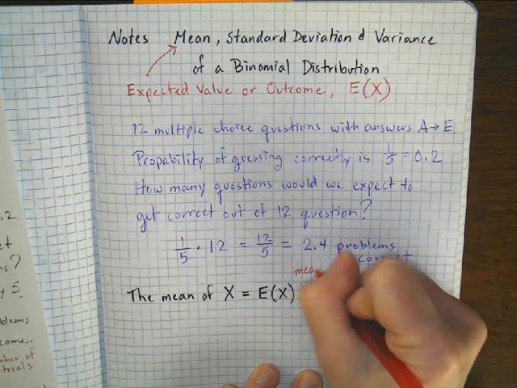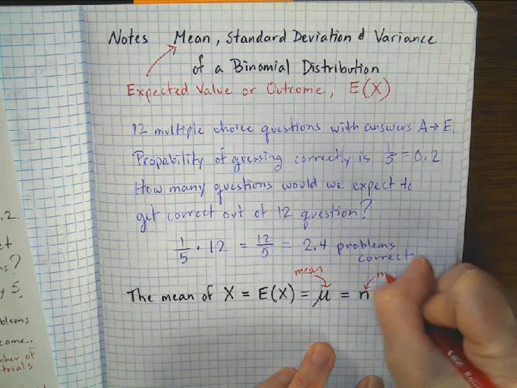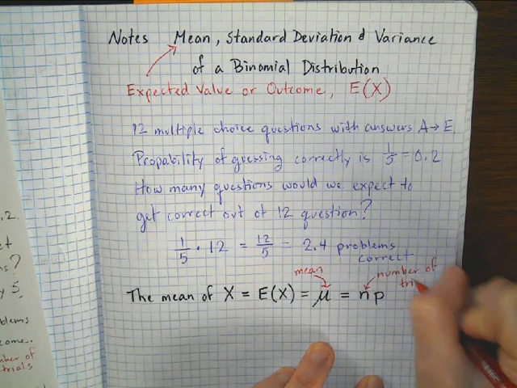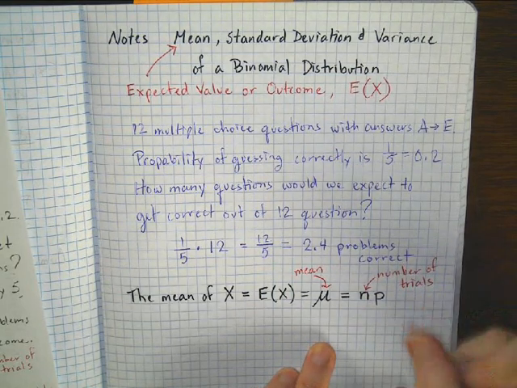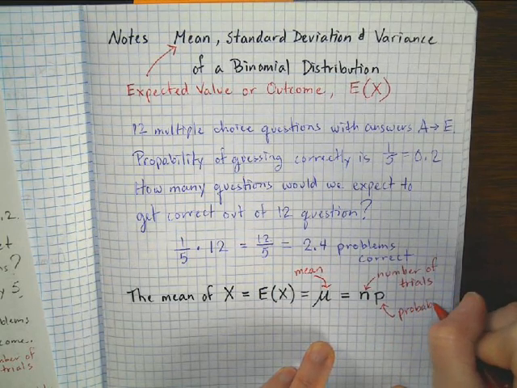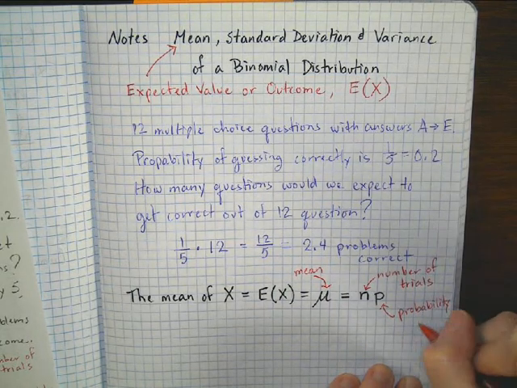So the mean. And how did we get it? We did n, which is the number of trials, and we multiply it by the probability of success of something happening, right? Probability of success of that thing happening that you want, okay?